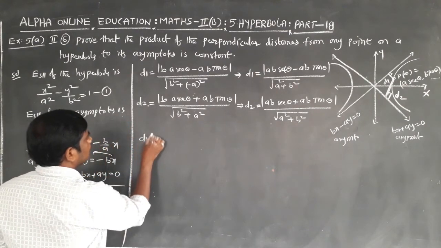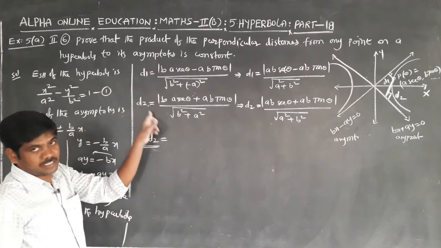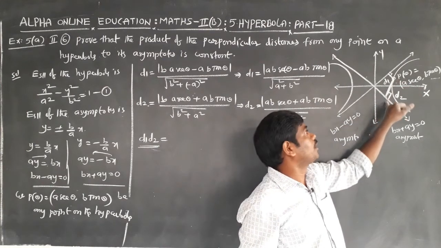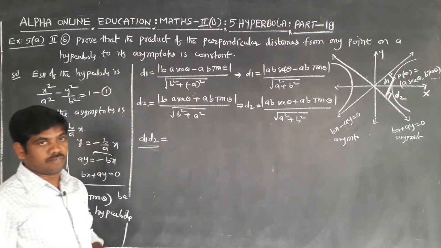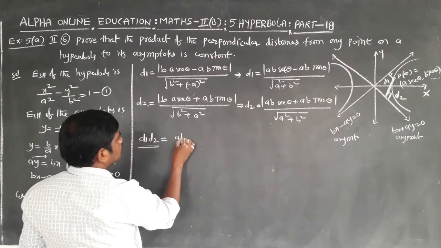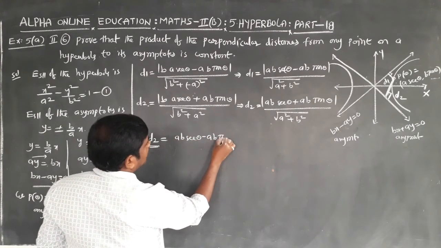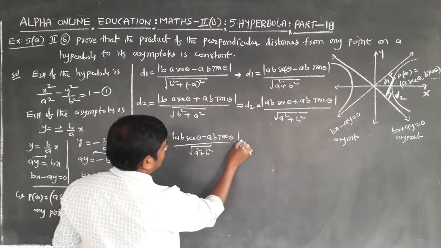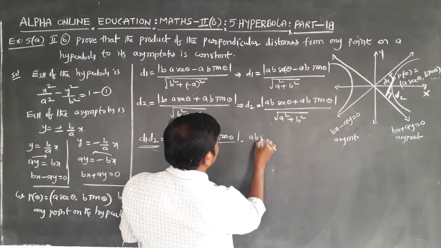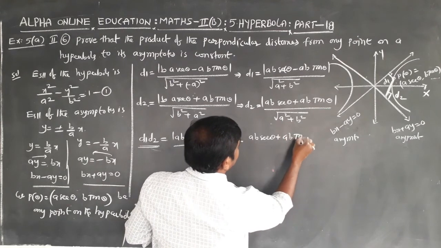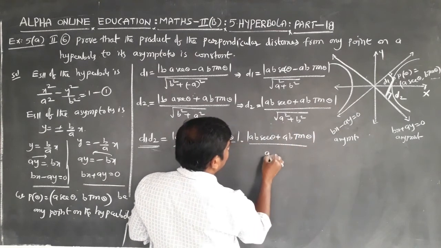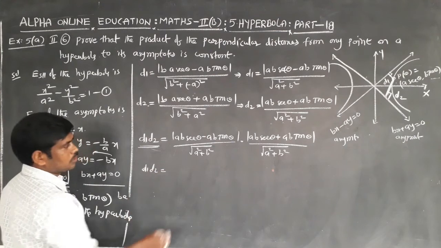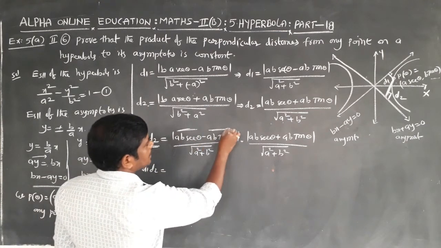Now we find the product of the perpendicular distances from any point on the hyperbola to its asymptotes, that is d1 d2. d1 is ab secant theta minus ab tan theta over root of a square plus b square. d2 is ab secant theta plus ab tan theta over root of a square plus b square.